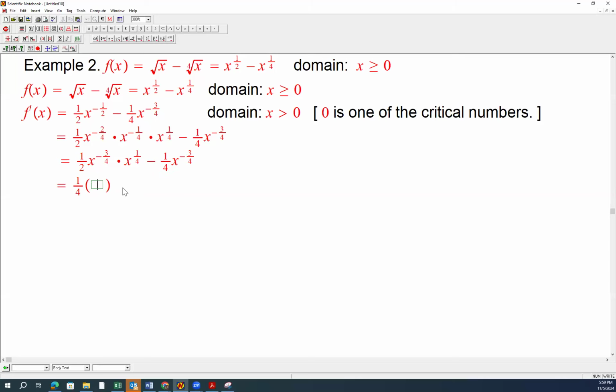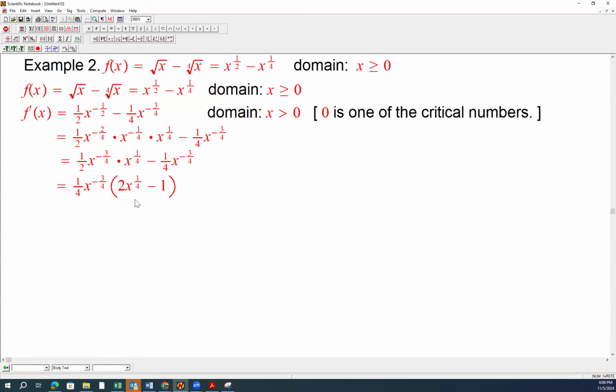And inside, we're going to factor out this piece. So here, what do we have? We're going to have 2 times x raised to the power of 1/4, subtracting. This whole thing is being factored out, so we just have 1.